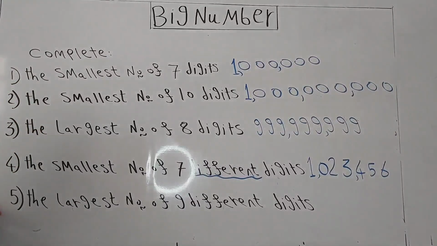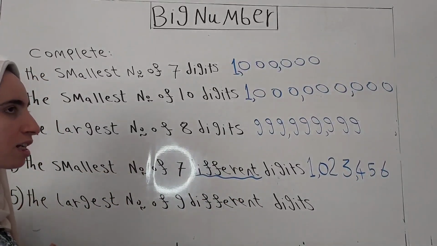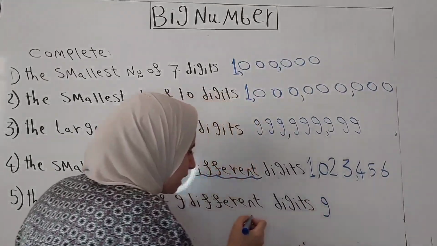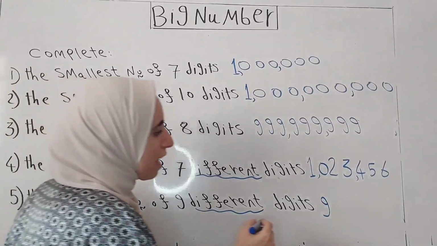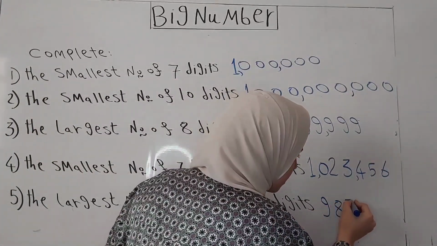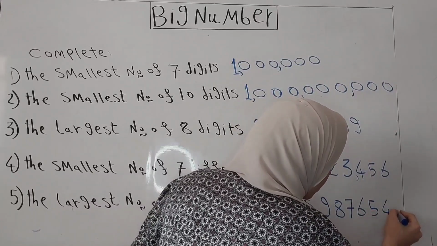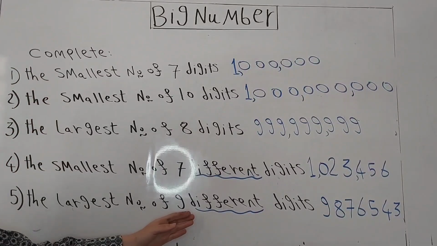Now, finally, we need to write the largest number of 9 different digits. Which is the largest digit? The largest digit is 9. We need different digits. The next largest is 8, then 7, then 6, then 5, then 4, then 3, and so on. We need how many digits? 9.